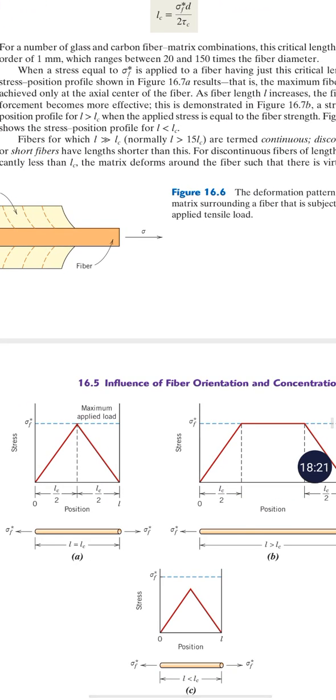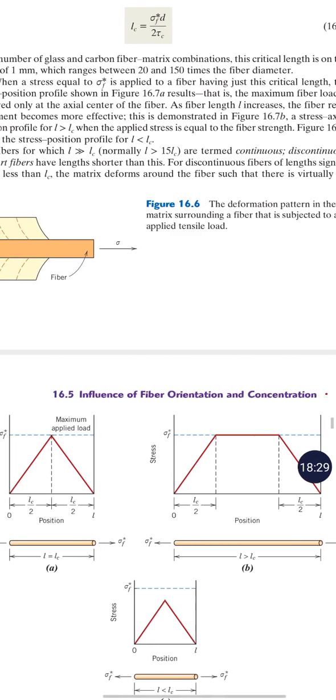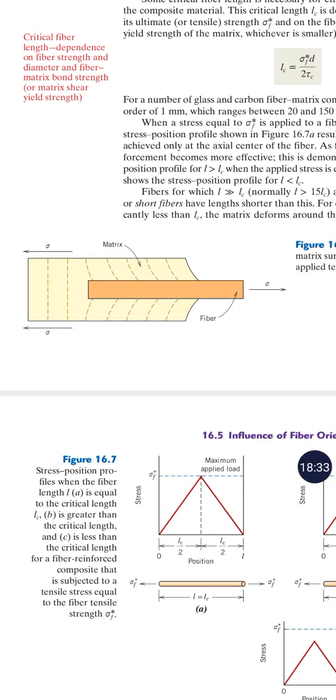Here in figure 16.6, it is written the deformation pattern in the matrix surrounding a fiber that is subject to an applied tensile load. If you have a composite material using fiber reinforcement, its properties should be different compared to a material made of only one composition.